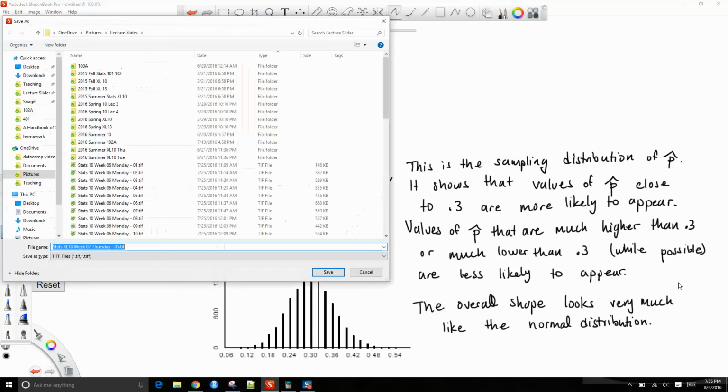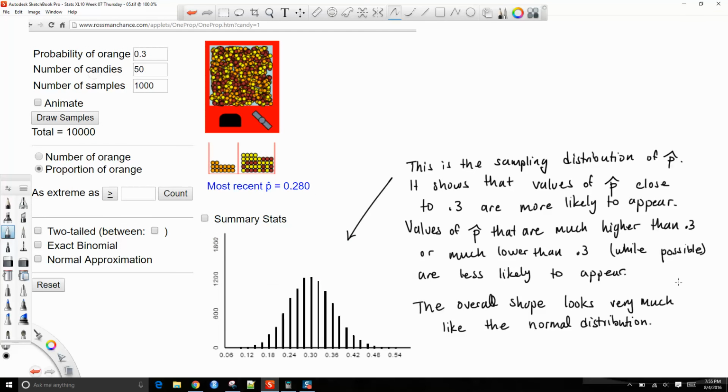Question. Is there a higher chance for the draw to be more than 0.3 or less than 0.3? Well, because we're going to say that it looks very much like the normal distribution, we're going to say it's equal, that if 0.3 is in the middle, the normal distribution is symmetric. Is it symmetric? The truth is no, it's not perfectly symmetric, okay?